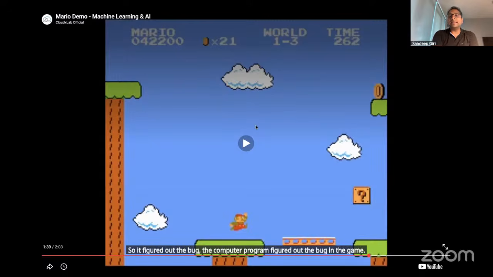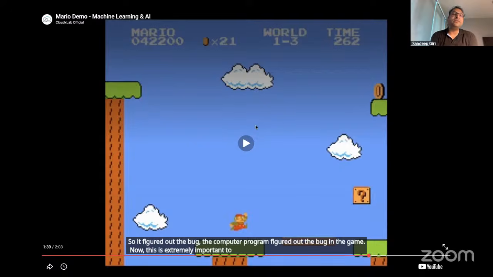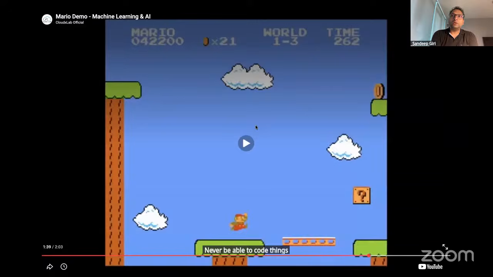It is extremely important to notice that if somebody coded it by hand, they would never be able to code things which they don't know. Here it was discovered from the data. The computer program learned from the data and figured out a bug in the game. That's the most powerful thing.